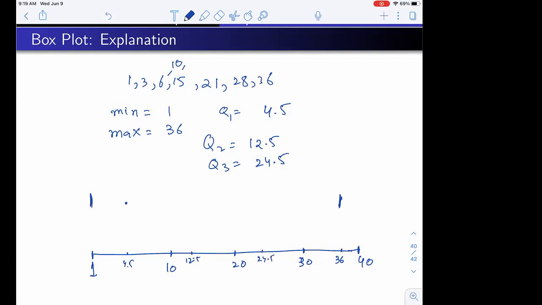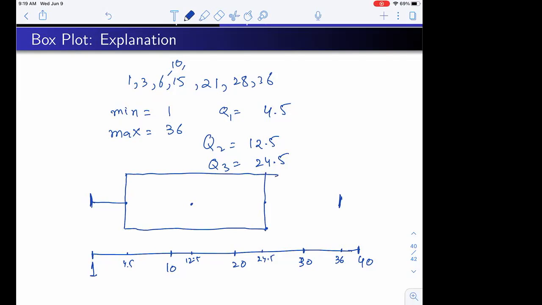If I make a dot right above these points, from the minimum point to Q1, I will join, and I will make a box from here. The box will go till the Q3 point.